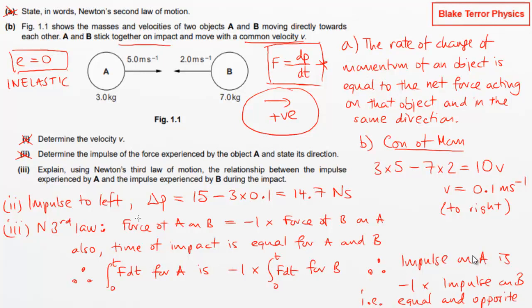From Newton's third law, it flows through to the impulse, because we're just packaging up that unknown force. The force is described by Newton's third law, or the relationship between the two forces experienced by A and B. We're packaging that up into the impulse, so it's naturally just going to flow all the way through, and that equal and opposite then appears in the impulse as well as in Newton's third law.